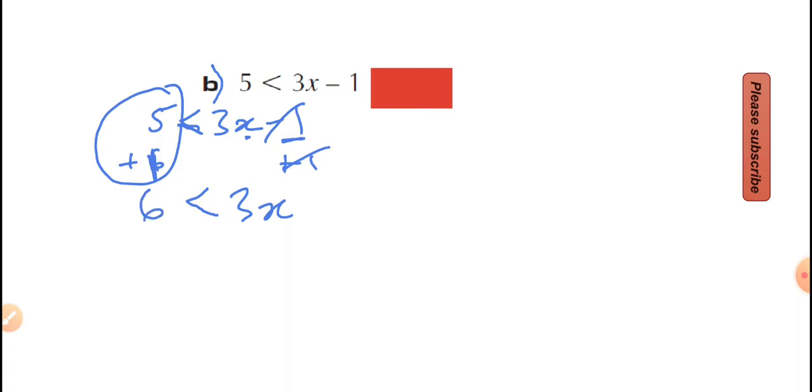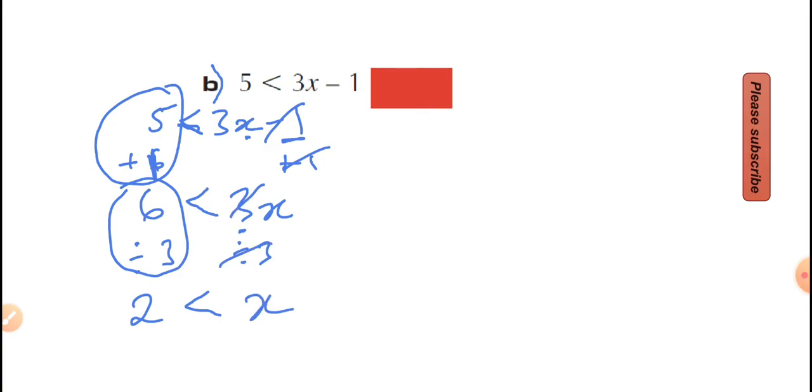And now to get the x on its own, I have to get rid of this times 3, so that means I have to divide by 3 on the right hand side and then divide by 3 on the left hand side too. So now on the left hand side, 6 divided by 3 is just 2. Copy the sign down, the times 3 and divide 3 cancels, that means just the x. So x has to be greater than 2.